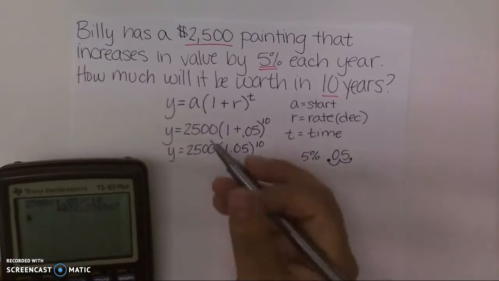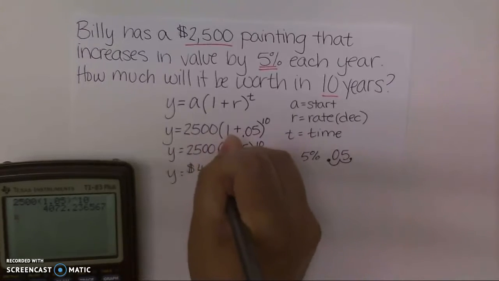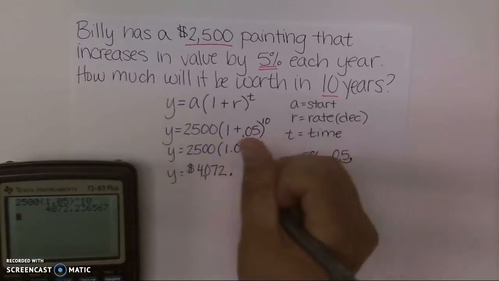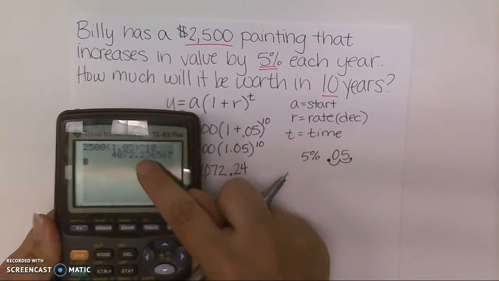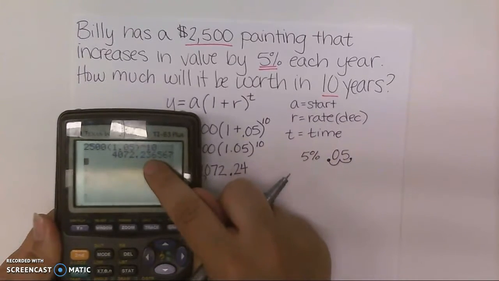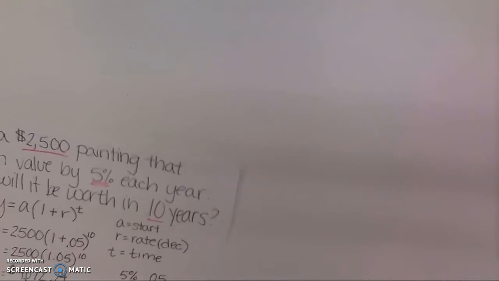And there's my answer. So y equals $4,072.24. So because we are talking about money, we're rounding it to the hundredth there. That 6 is higher than 5, so we round up the 3 to a 4. So that's exponential growth. We also have exponential decay problems.